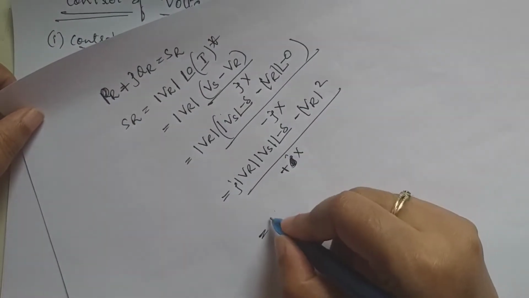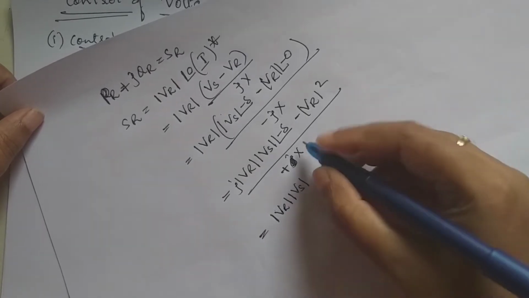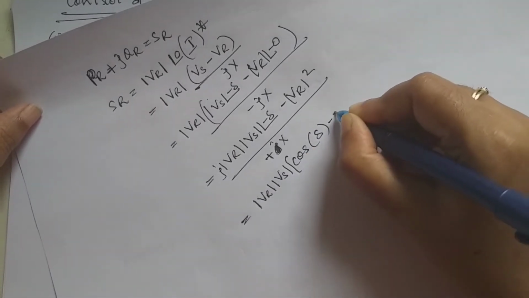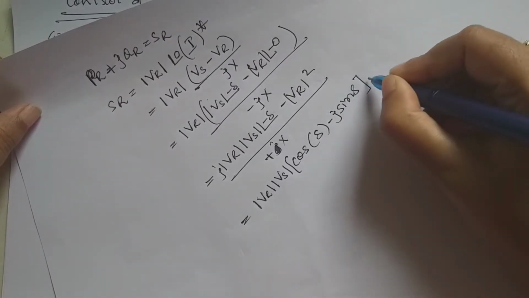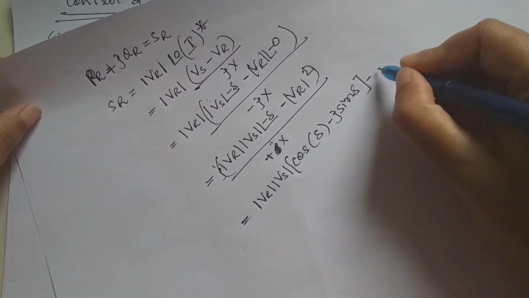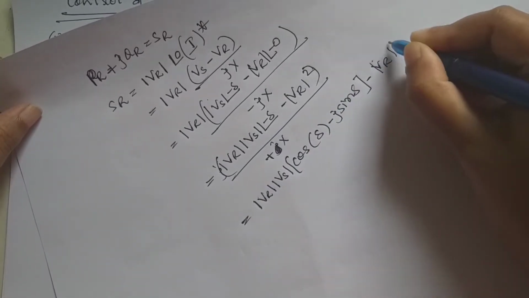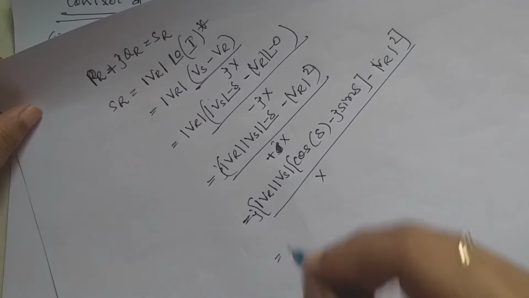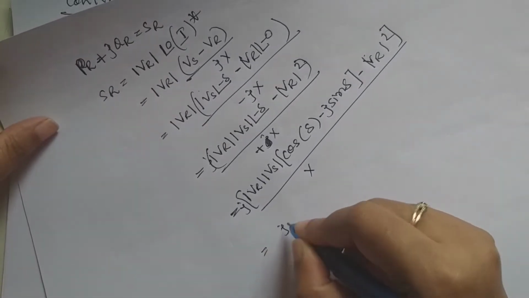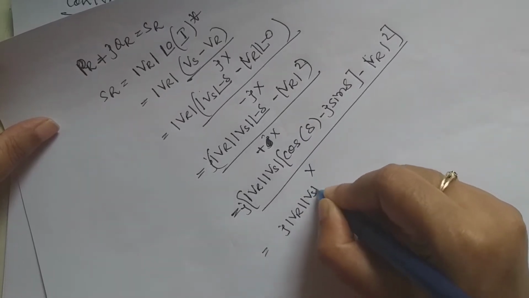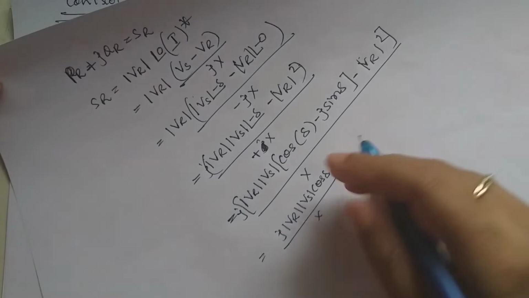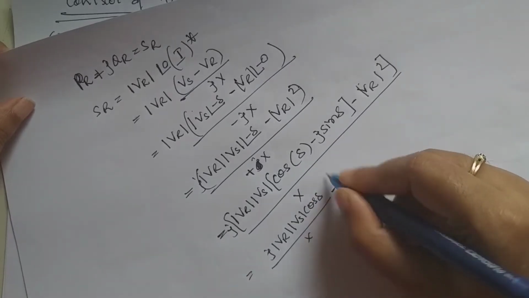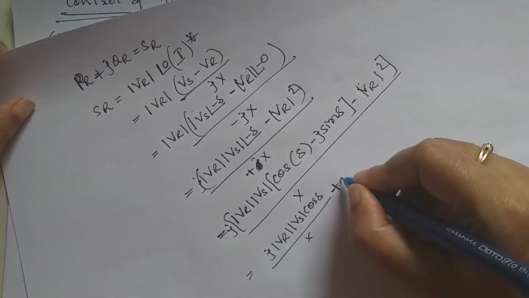Next, simplifying, we get VR Vs (cos delta minus j sin delta) minus VR square, whole multiplied by j and whole divided by X. On multiplying j, we get j VR Vs cos delta divided by X. j into j would be j square, whose value is minus 1, and minus 1 into minus is plus.